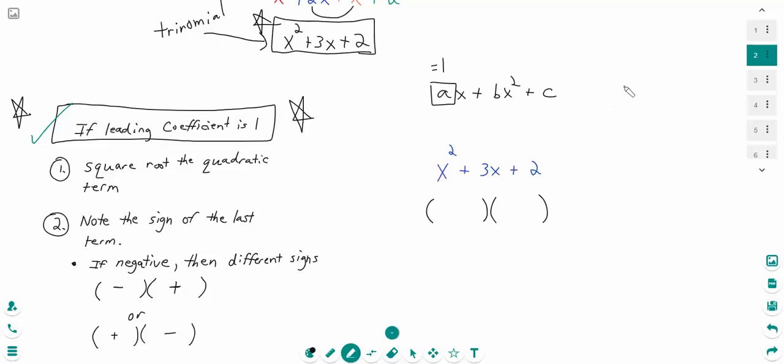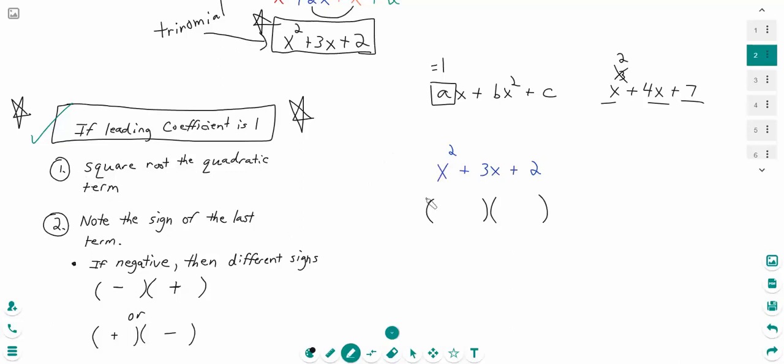On the other hand, if I had something like x to the third plus 4x plus 7, this would be a trinomial because it does have 3 monomials, but it is not a quadratic trinomial because quadratic always indicates that the highest power needs to be a 2. Okay, so let's just clarify that right now. Now let's get back to it. The first step is going to be square root the quadratic term.